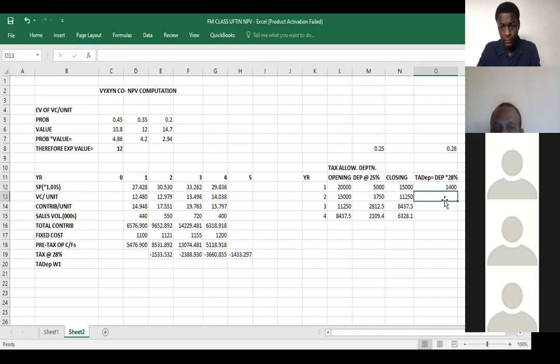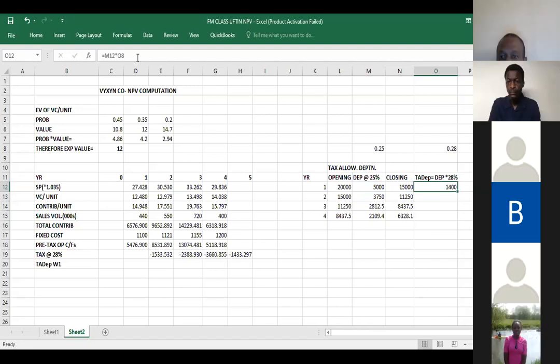So we can come so that we can make it absolute. And then we can come there and drag it down. And then we have our figures.